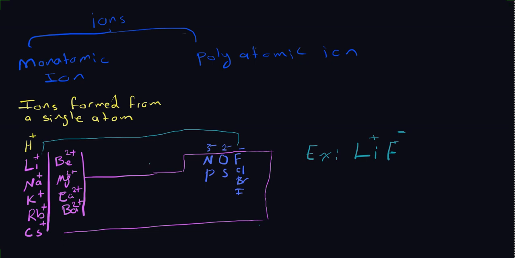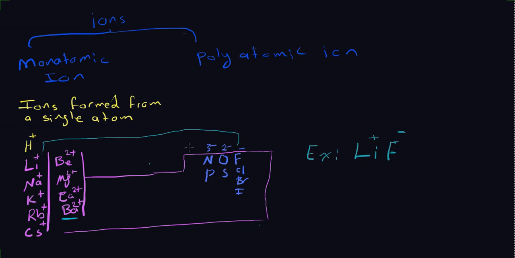I should tell you one piece of information about the names of the ions. For example, here you'll say barium. You don't change the name of the original element: rubidium, potassium, sodium.